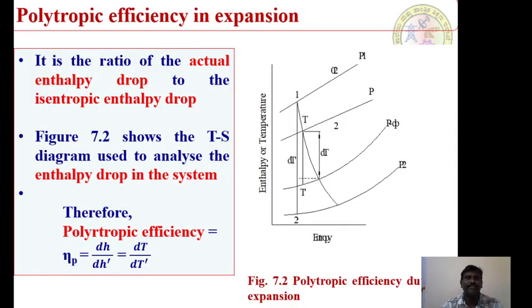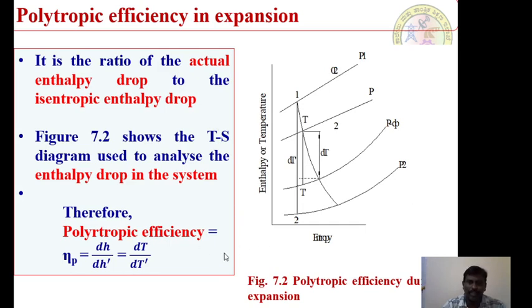So if you define the polytropic efficiency in expansion, we are talking about a temperature entropy diagram here. And what is the isentropic temperature drop and the actual enthalpy drop, we have also talked about in this case, right? If you see this polytropic efficiency, it's the ratio of the actual enthalpy drop to the isentropic enthalpy drop.